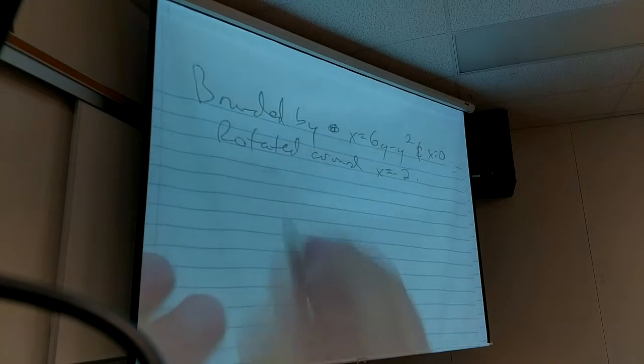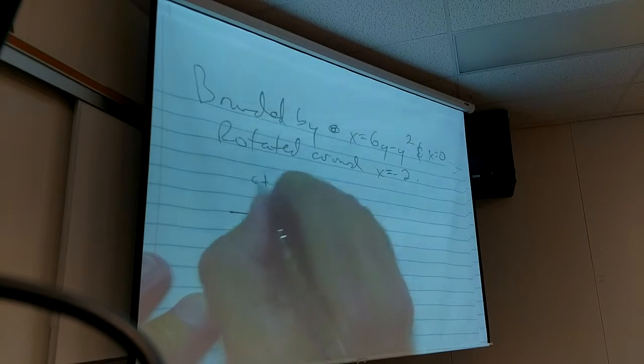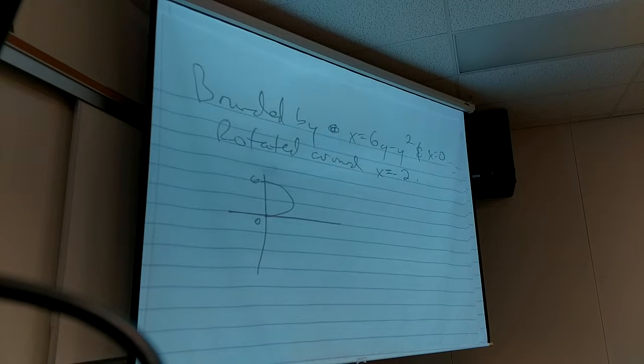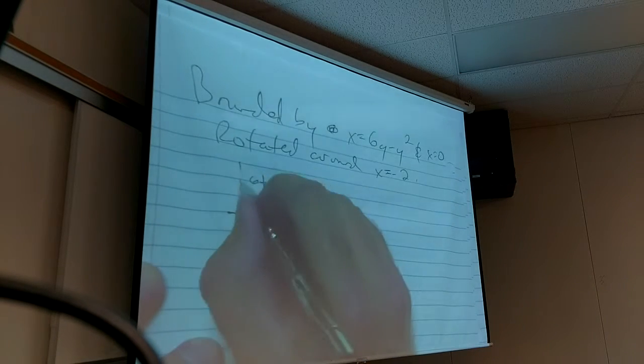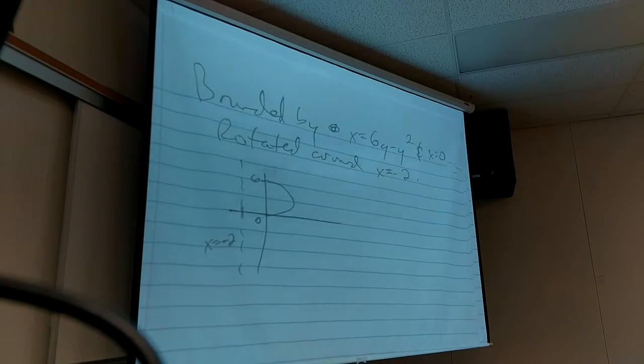Just to jump to the chase here, I'm still talking about this thing, right? But now where my axis is going to be, and my scale's wonky and I don't really care because I don't need this picture to be beautiful, I just need it to be useful. There's my axis of rotation, right?